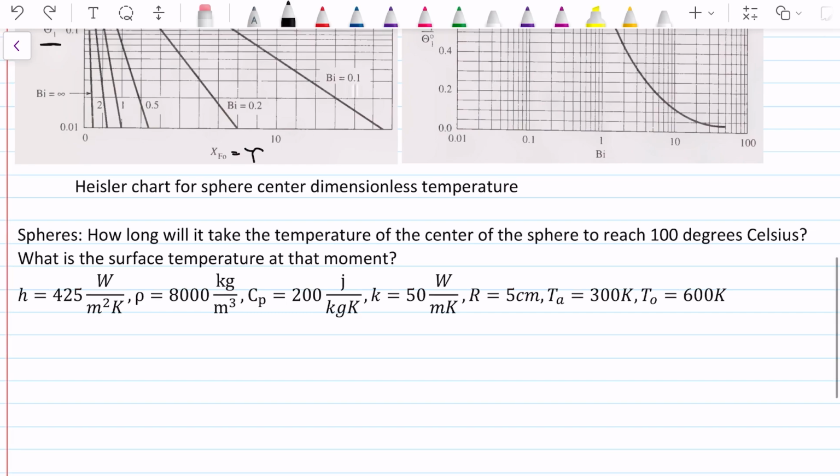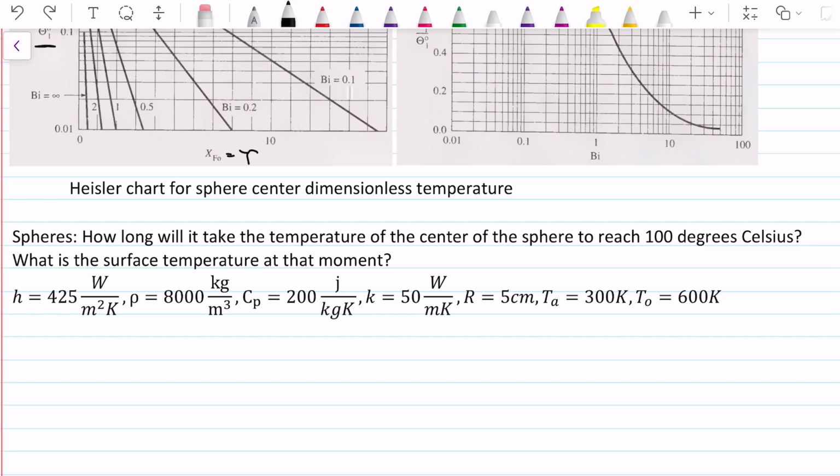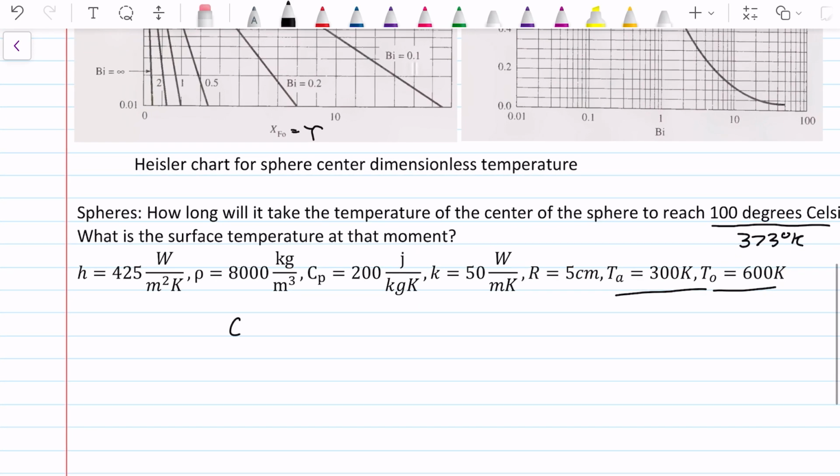Okay, so they give us a final center temperature, which is 373 degrees Kelvin. They give us an ambient and an initial. We can solve for a dimensionless center temperature, which of course is going to be the final temperature. T minus T ambient over the initial minus T ambient.